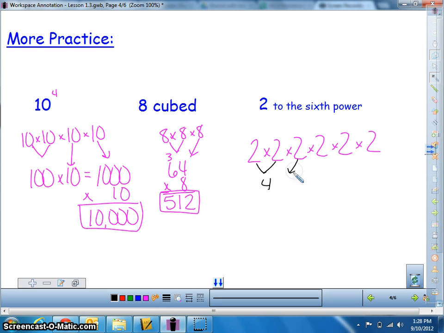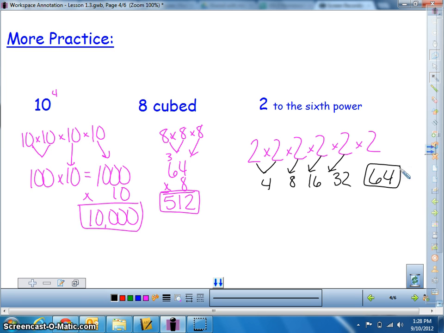Times 2, 4 times 2 is 8. 8 times 2 is 16. 16 times 2 is 32. 32 times 2 is 64. My answer would be 64. I was just doubling it every time there.